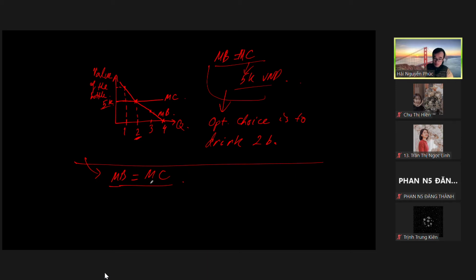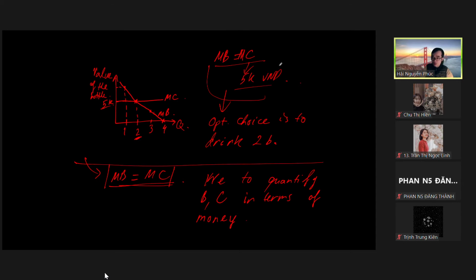Because in order to apply the rule of MB equals MC, we have to quantify benefit and cost in terms of money. And sometimes it is impractical in reality.